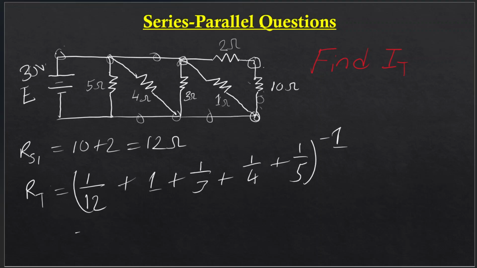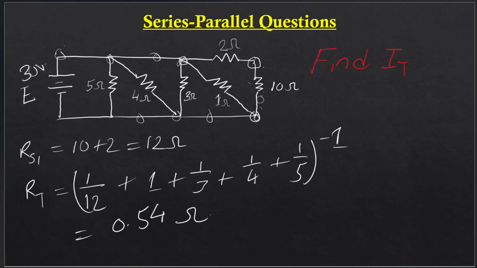Let's put that in the calculator. So (1 over 12 plus 1 plus 1 over 3 plus 1 over 4 plus 1 over 5) to the power minus 1 equals 0.54 ohms.